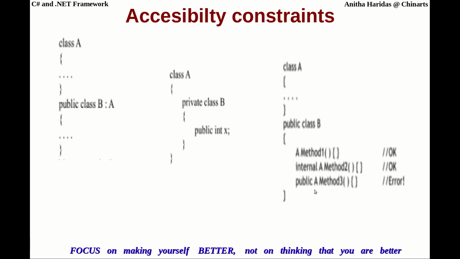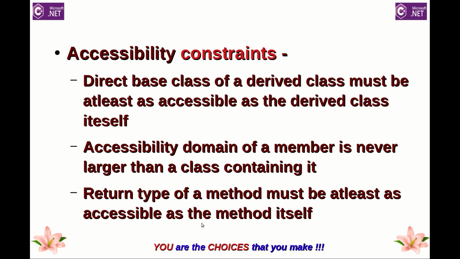The method is actually a public method, but the return data type cannot be public, because the return data type is an object of class A. The object of class A can be accessed only with internal accessibility. So if you declare it as public, the system will give you an error. This is very important.